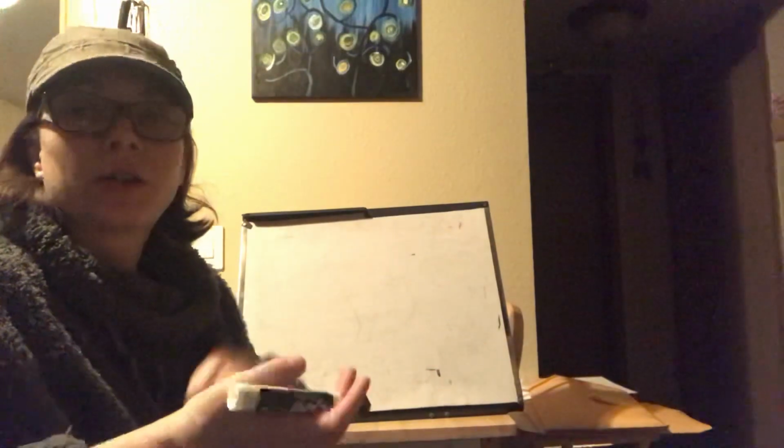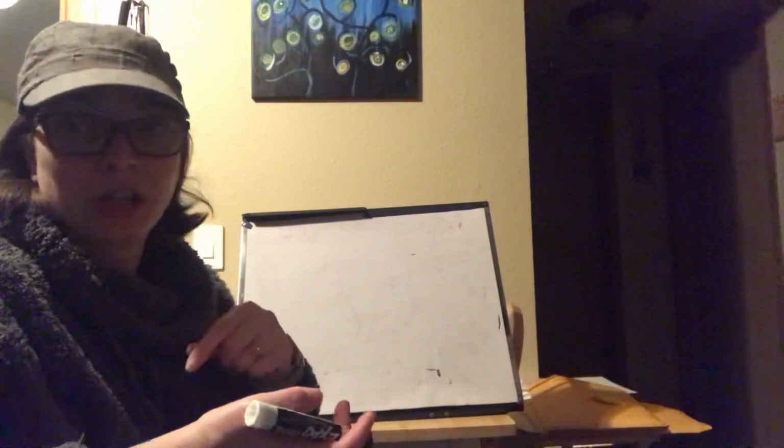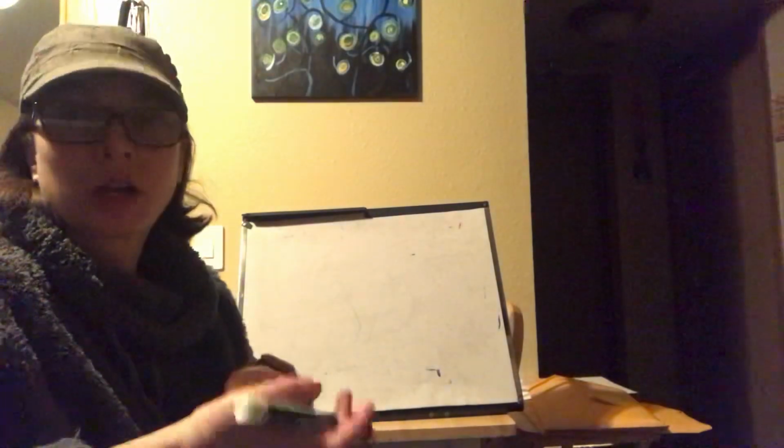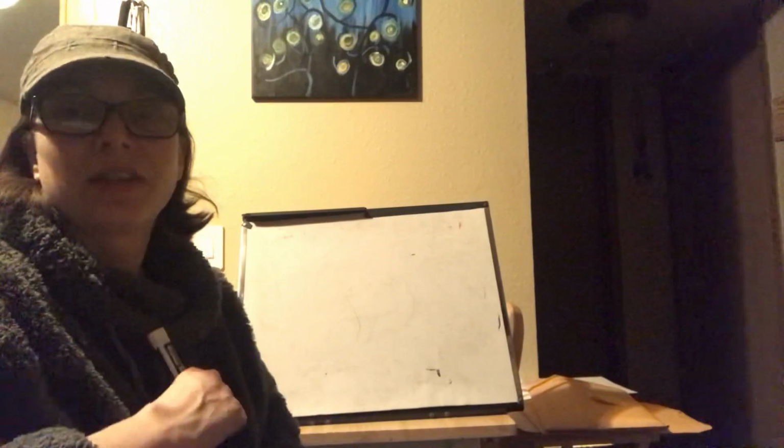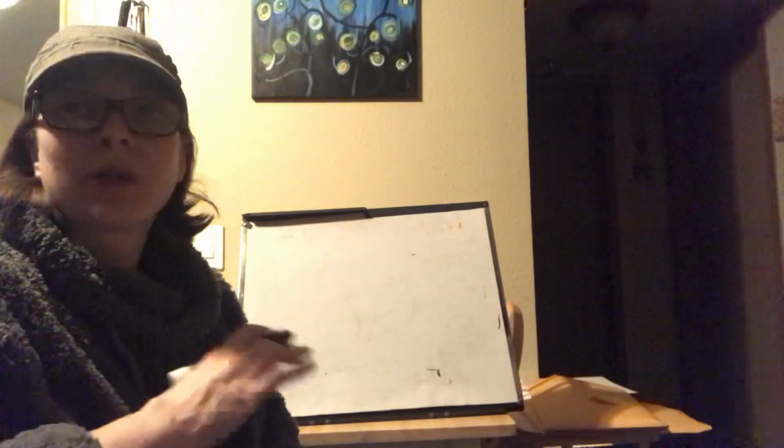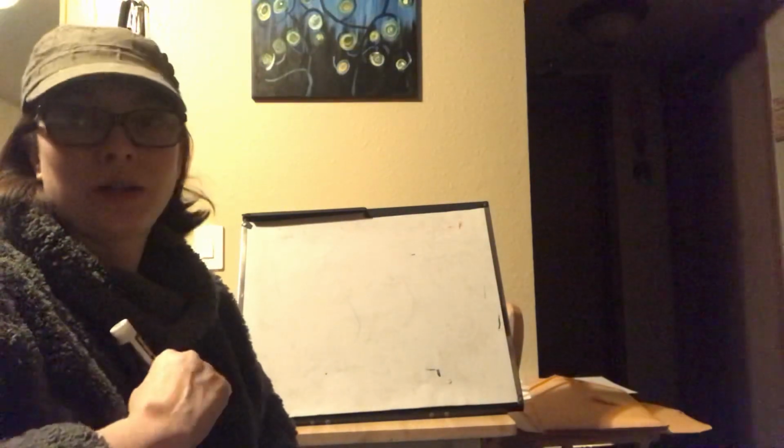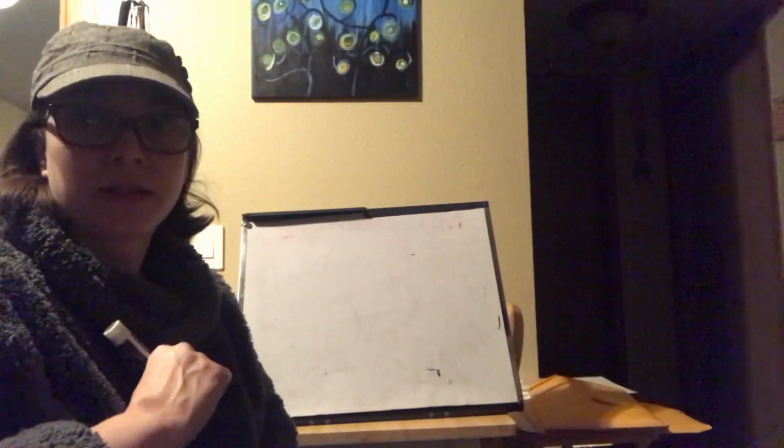So if I say cooked, you would say cooked, and then you would go k, and then you would say suffix t, because that's the end of the word. So we're going to do a couple of those, write it, and then we will be done with our phonics lessons. So let's try packed.